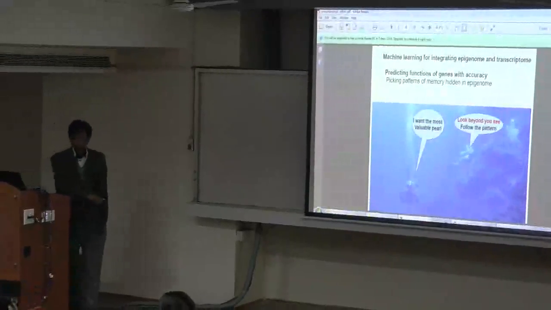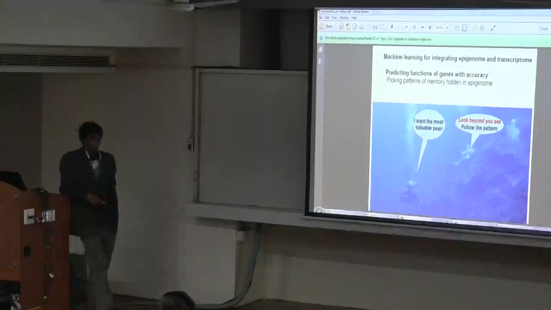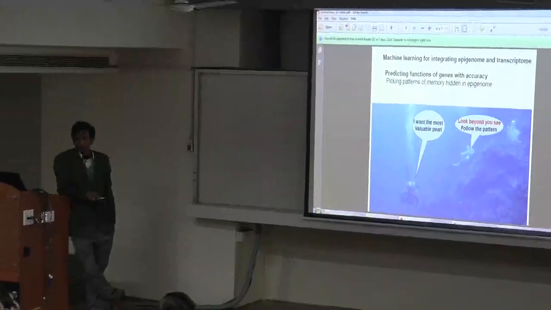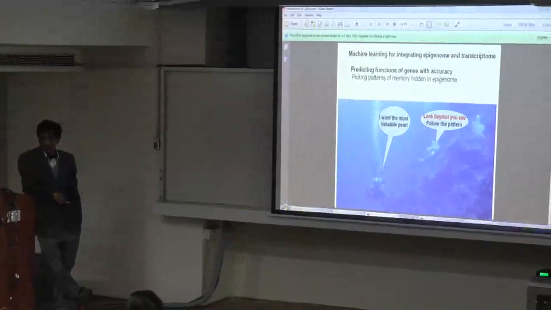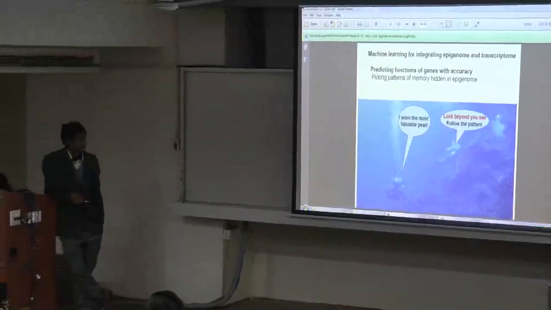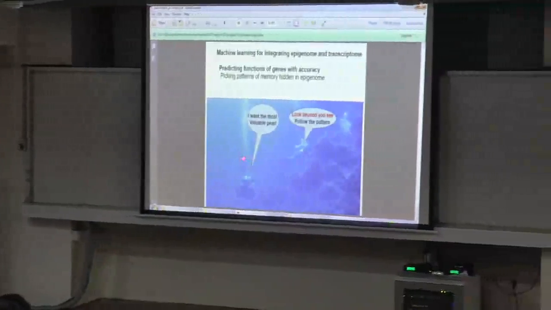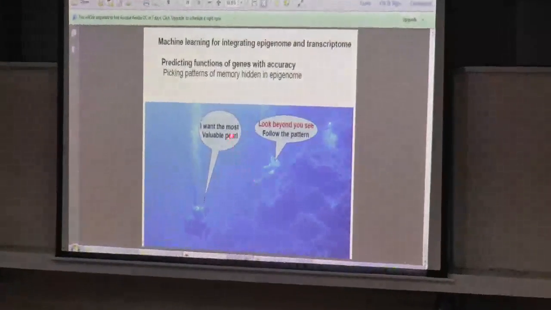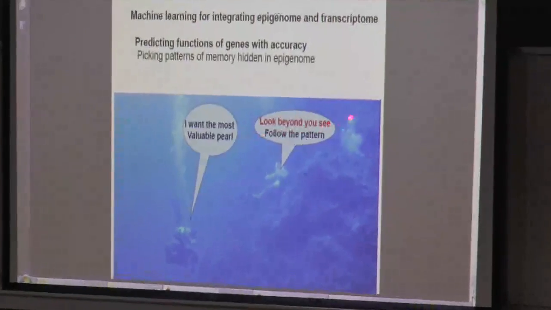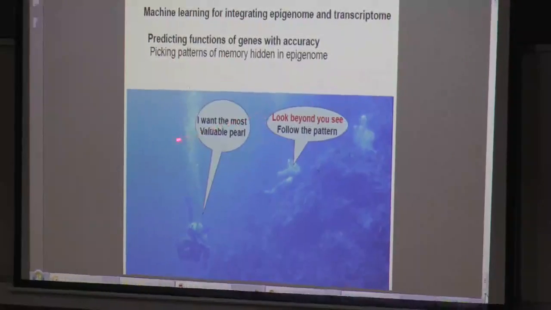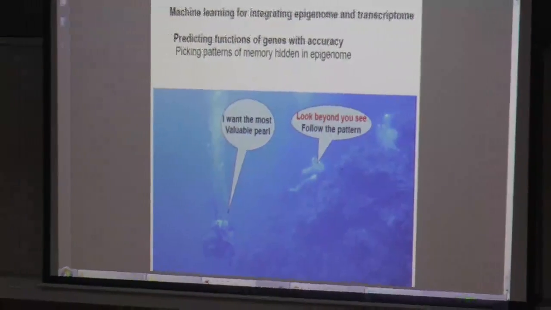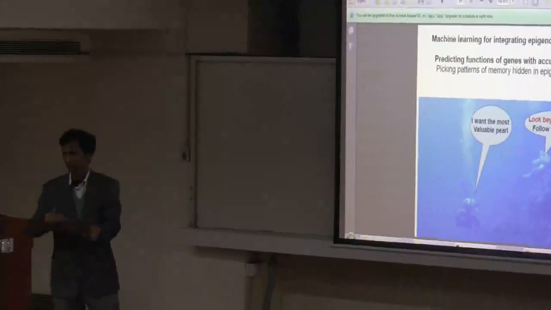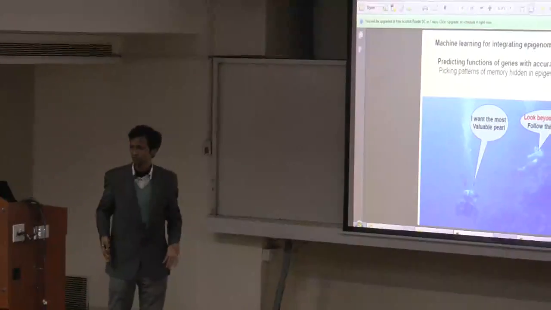And finally, to my last slide. I started from diving and I'm ending in diving, because it's not a sea of chromatin states anymore, it's an ocean. And in this ocean, you are looking for the pulse of the regulome. If you are a diver and you want the most valuable pearl in this ocean, and other divers have already scratched the surface and taken out whatever was visible directly, what are you going to do?